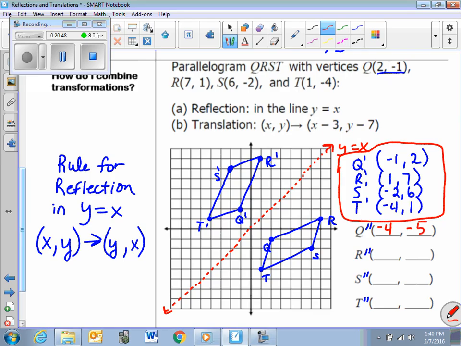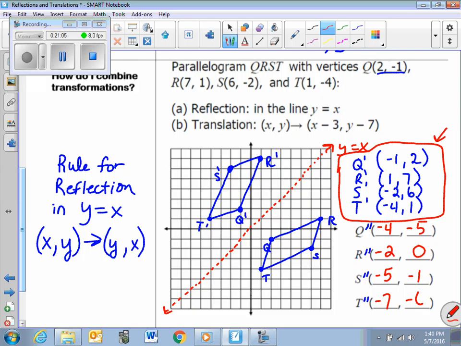So all you got to do, guys, is take these coordinates here, subtract 3 from the x value, subtract 7 from the y value, and you'll get these numbers that I'm writing in here.